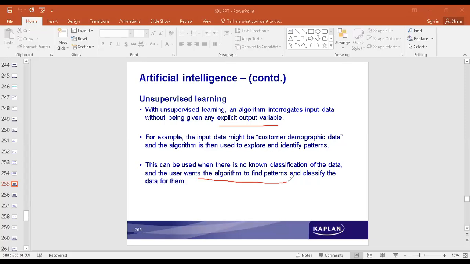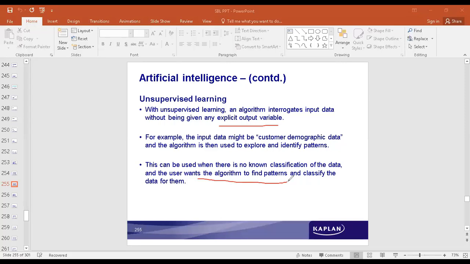It understands the pattern of the data, the trend, structure, and if there is any kind of relationship that exists between the variables. How are they associated? How are they related?